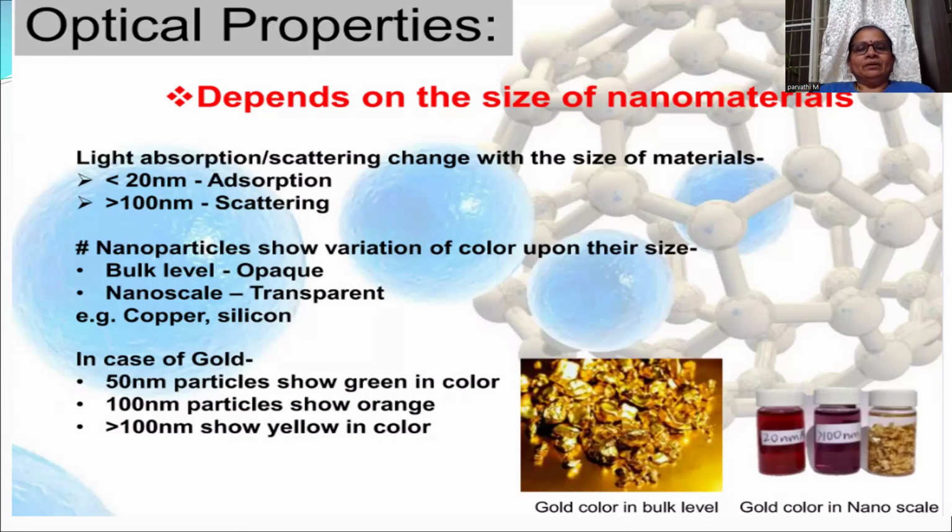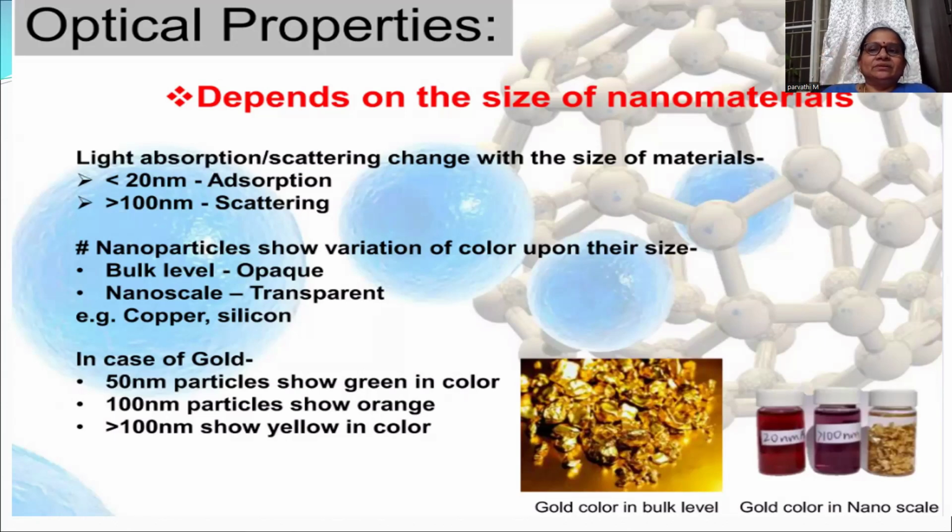Similarly, nanomaterials will show color change. At bulk level, they look opaque, but when they are tiny nanomaterials, they look like a transparent material. Similar examples are copper and silicon, and in the case of gold, 50 nanometer particles show green color.